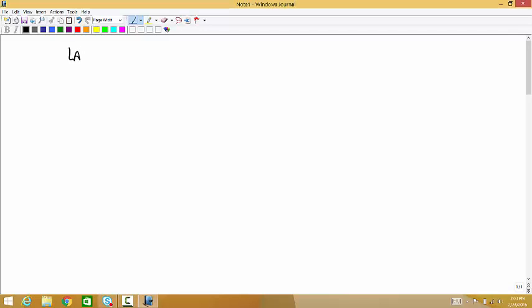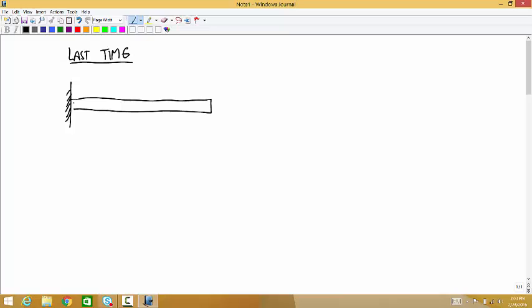Okay, so last time we started doing internal loads, and we did this cantilever beam example where we wanted to calculate the internal loads at the midpoint.